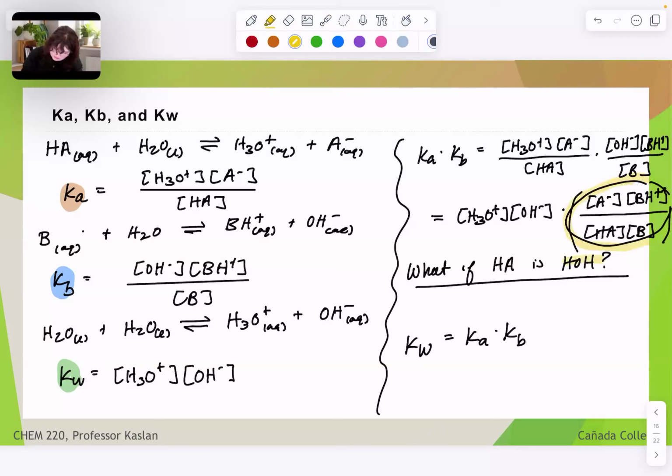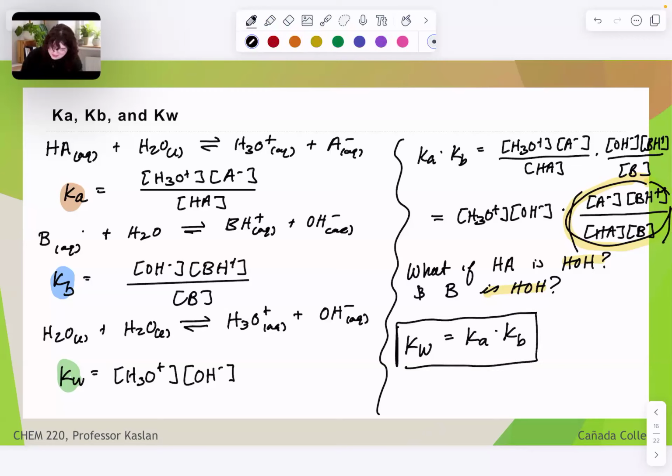here, if our HA is HOH and our B is HOH, if we do a bunch of algebraic substitution, which my iPad's dying, so we won't, we would find that Kw is equal to the product of Ka and Kb.